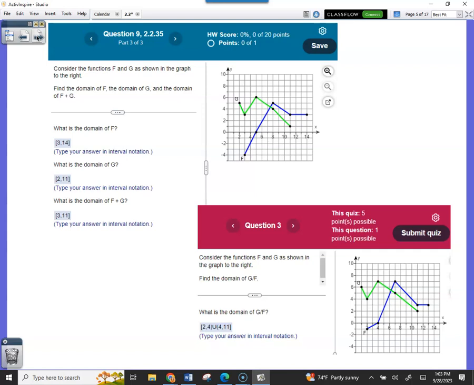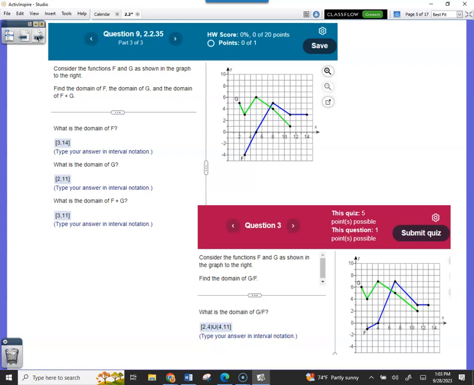They give you this graph, and they say, tell me the domain of the function f, tell me the domain of the function g. Now what if you added them together, what would the domain be? The difference here in this one is those are piecewise functions. That's not just a standard linear, quadratic, cubic, radical.